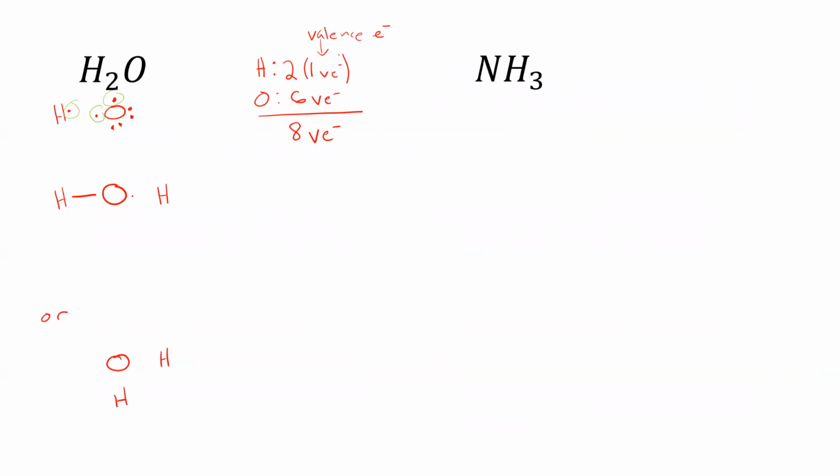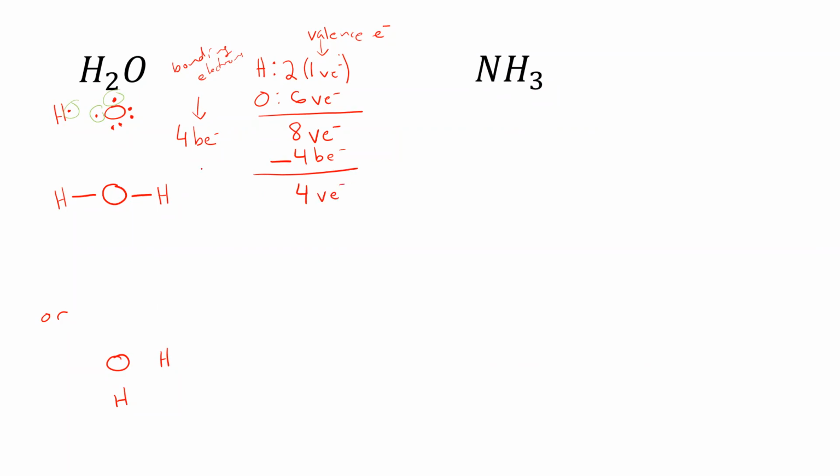We draw a bond between each of those atoms. There are 2 bonds, right? So those are 4 bonding electrons. If you see a BE minus, that's bonding electrons. Okay, so we're going to subtract 4 bonding electrons, which will leave us with 4 valence electrons remaining.